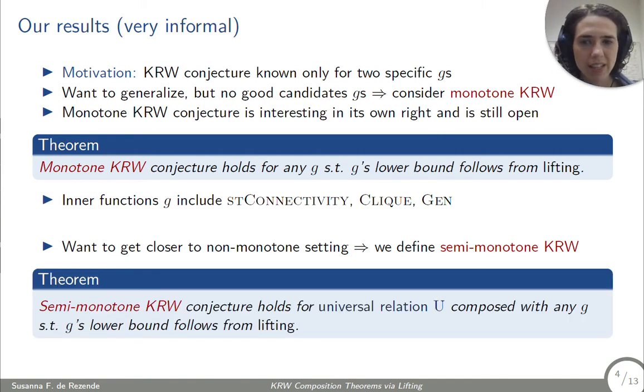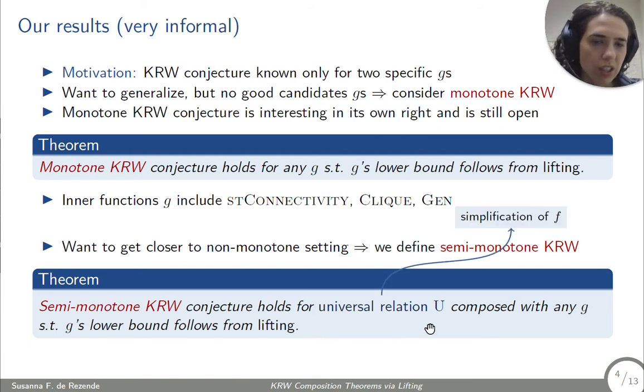So in this setting, we show that this semi-monotone KRW conjecture holds for the universal relation when composed with any inner function such that we can prove the lower bound of this inner function via lifting. I won't get into exactly what this universal relation is, but let's just think of it for now as a simplification of a function.